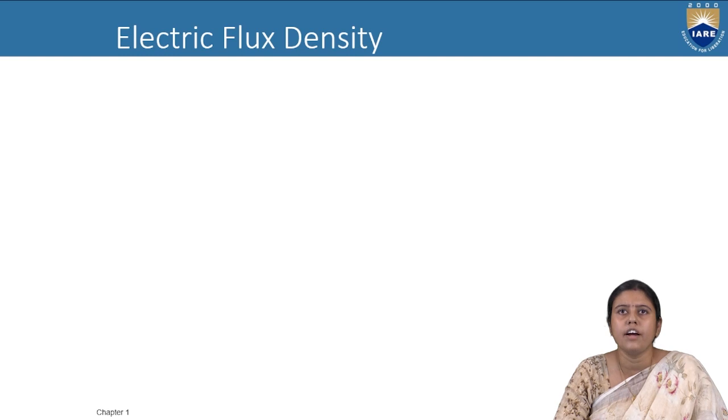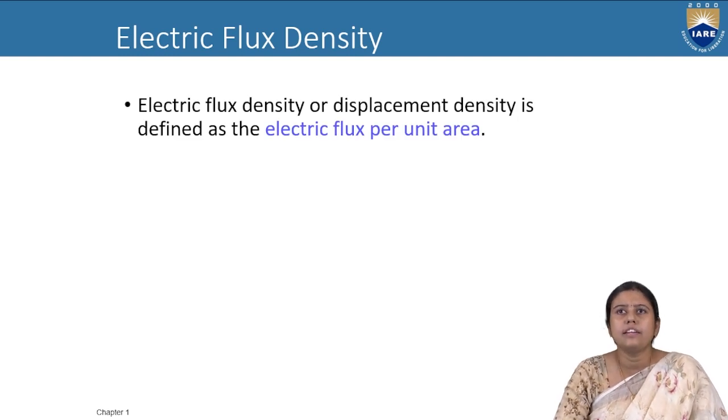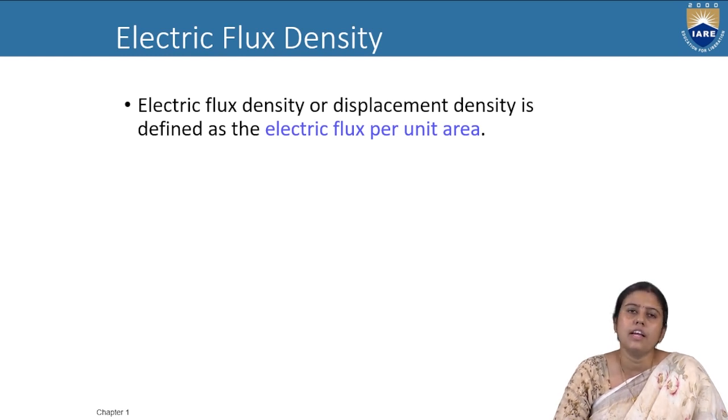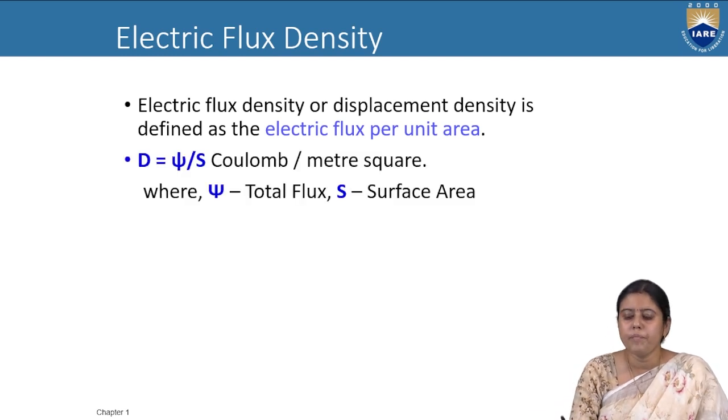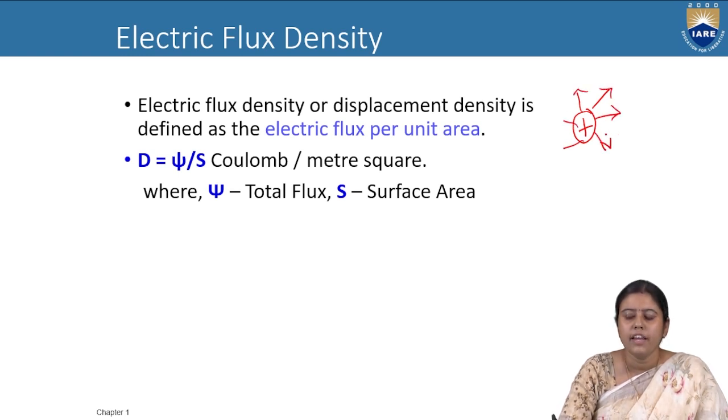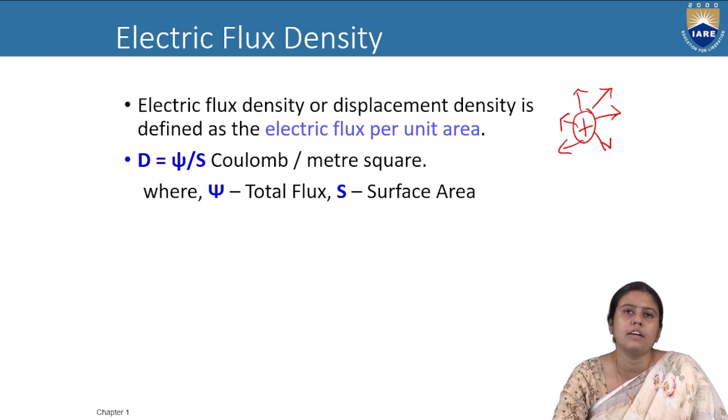What is electric flux density? Electric flux density, sometimes called displacement density, is defined as the electric flux per unit area. If we keep one charge here, there are electric lines of force, and these lines of force are known as the electric flux.